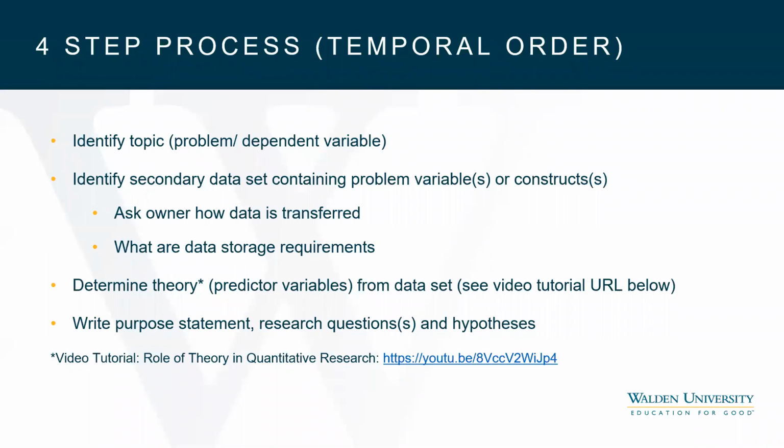Now, when you see that data set and it has your problem or dependent variable, we know that it is another piece of the equation, and that is the theory or the predictive variables. That theory or those predictive variables have to be derived from that data set.